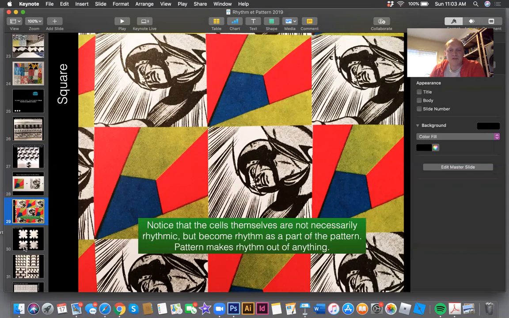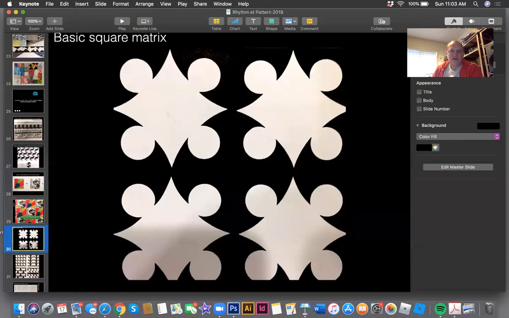And pattern makes rhythm out of anything, therefore. So the basic matrix of patterns is the square matrix, and everything else builds upon the square matrix. But you can see here, this is super basic. We've got four cells, they're in a square matrix, they're right next to each other.